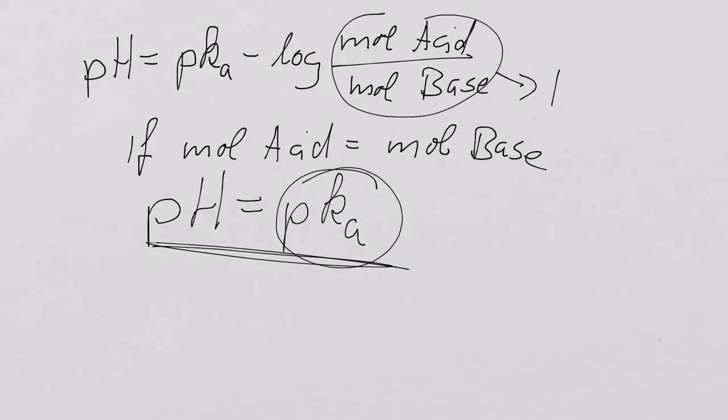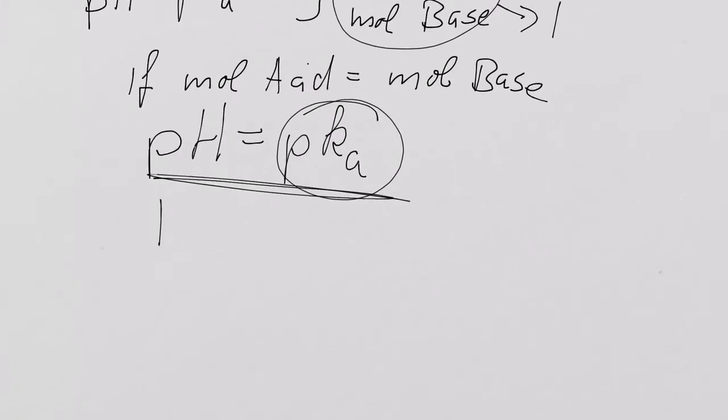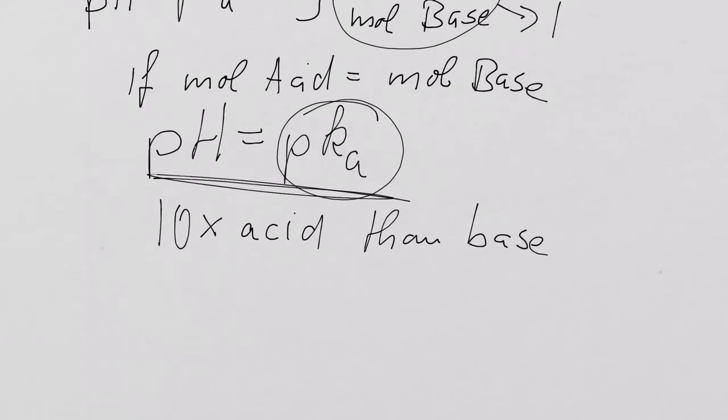So, pH equals pKa. What would happen if I have 10 times more acid than base? What happens to the pH? I've got more acid, right? What would you expect for the pH? Talk to each other.